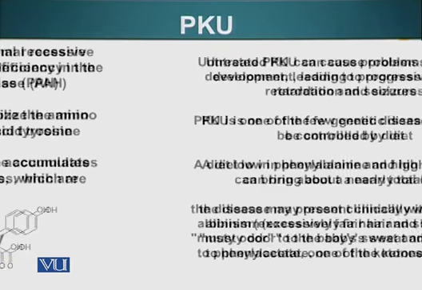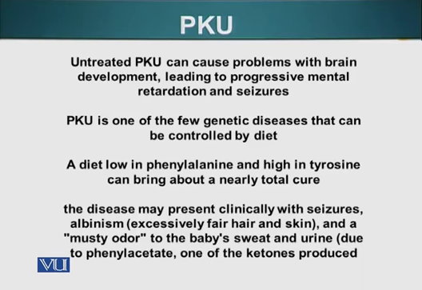So the simple solution for this genetic problem would be, if we can give these children, from very early on, as soon as they're born, if we restrict their diet, we don't give them phenylalanine in excess quantity, we limit the quantity of phenylalanine intake and give them tyrosine in their diet, this will prevent the phenylketones from forming.